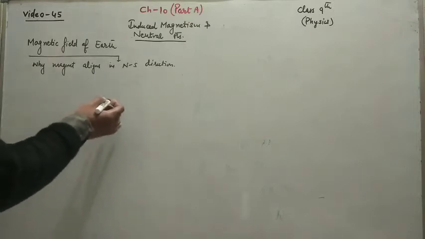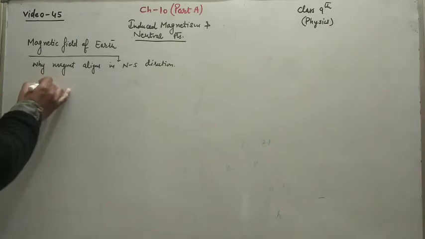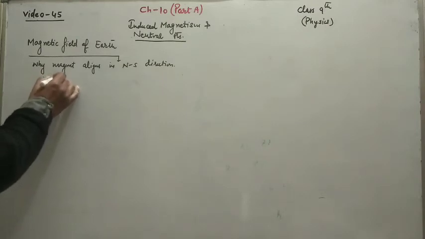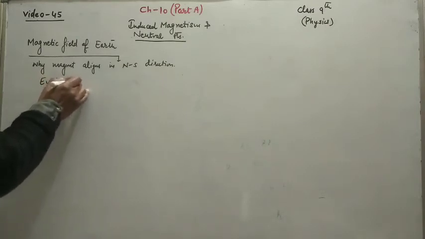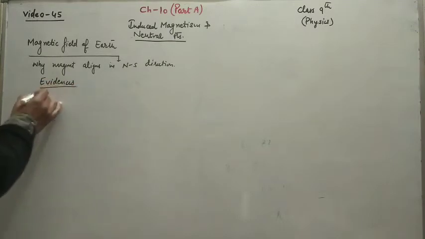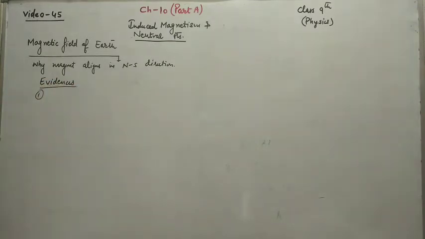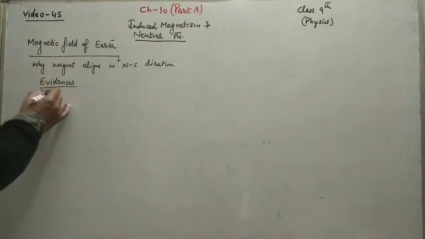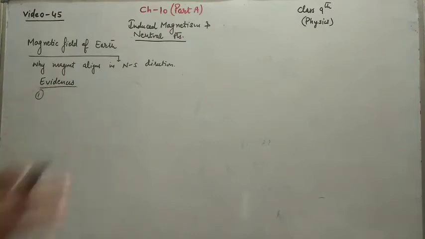If we talk about a few evidences, there are a few evidences. Evidence number 1: a freely suspended magnetic needle always rests in geographic north and south, which I have told you earlier.